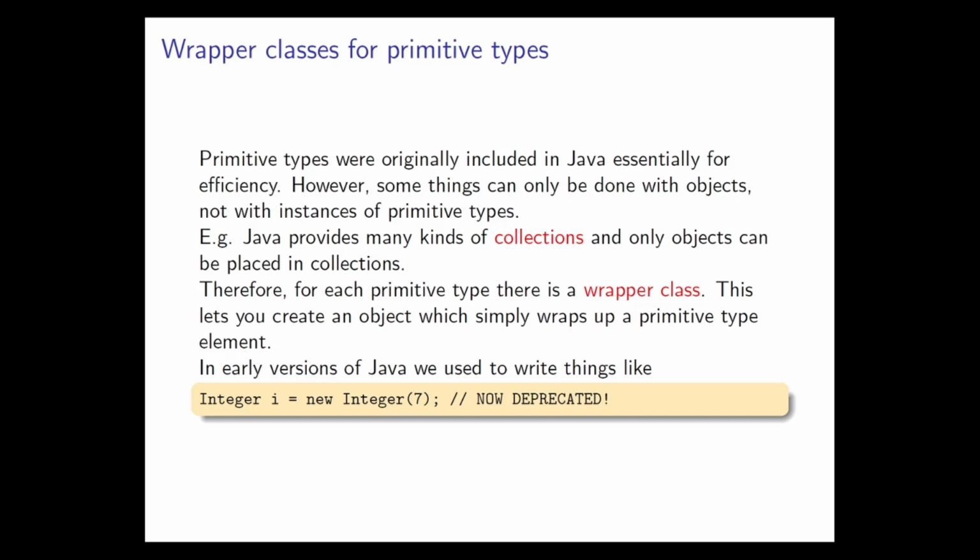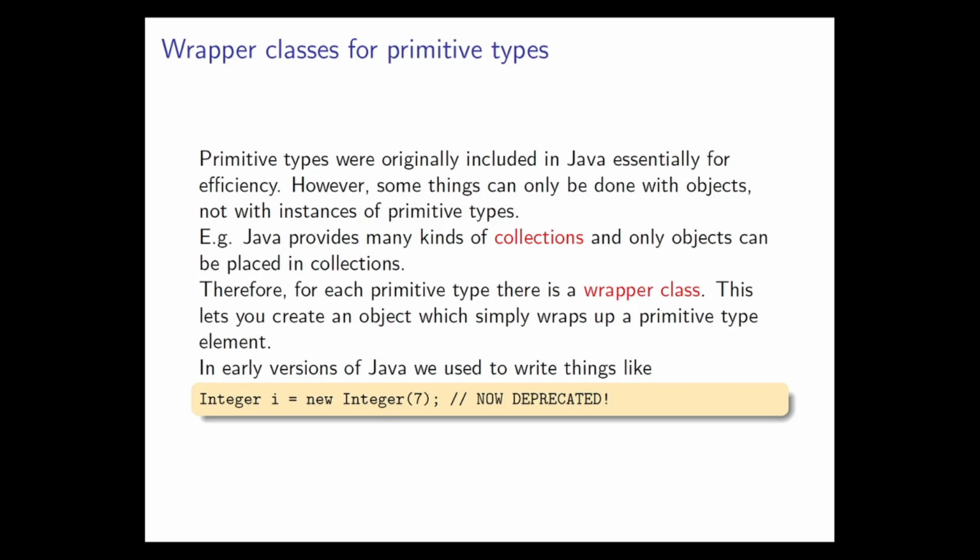If you want to put an int or a double or something in a collection in Java, you can't do it. We get round this problem by having for each primitive type a wrapper class. This is provided as part of the language, and it is nothing more nor less than an object that contains an element of a primitive data type.